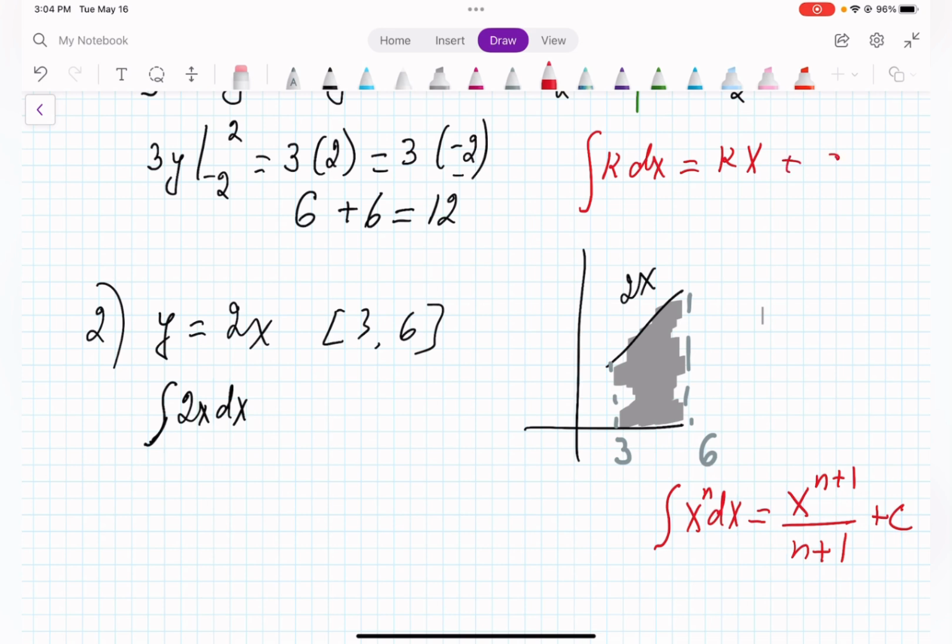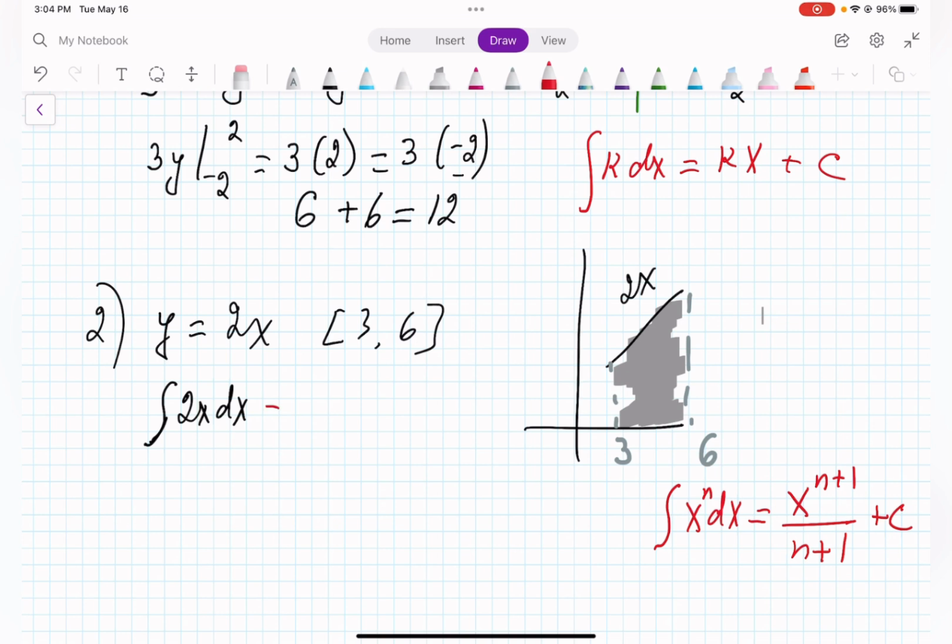I forgot here to put the constant. Why didn't we put a constant with 12? Because we already have the value. We don't get the general algebraic form, let's say 3x plus 5. This is why in the case of area 12, we didn't put c. So here also we are not going to put plus constant because we have a specific interval.